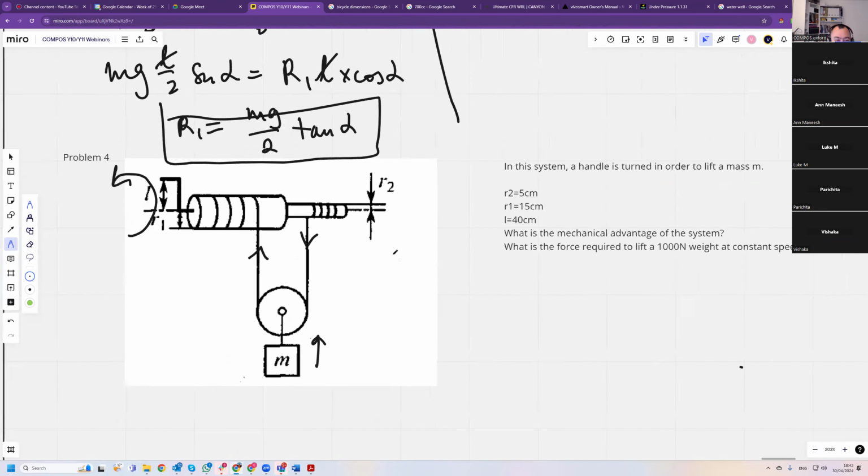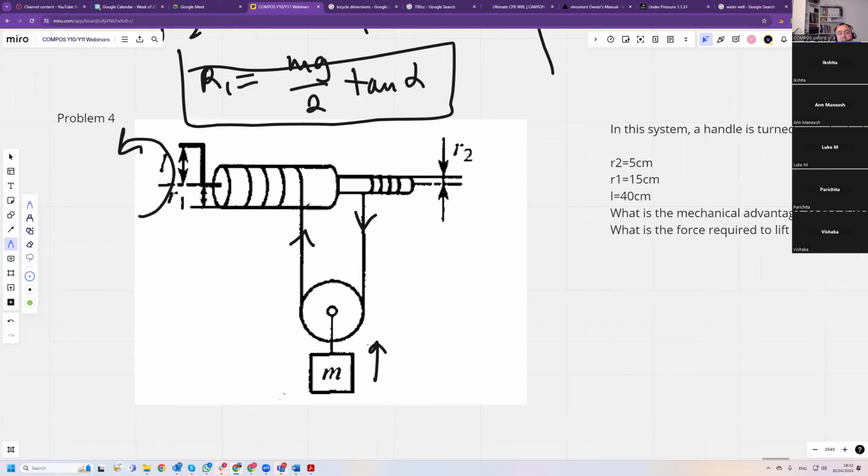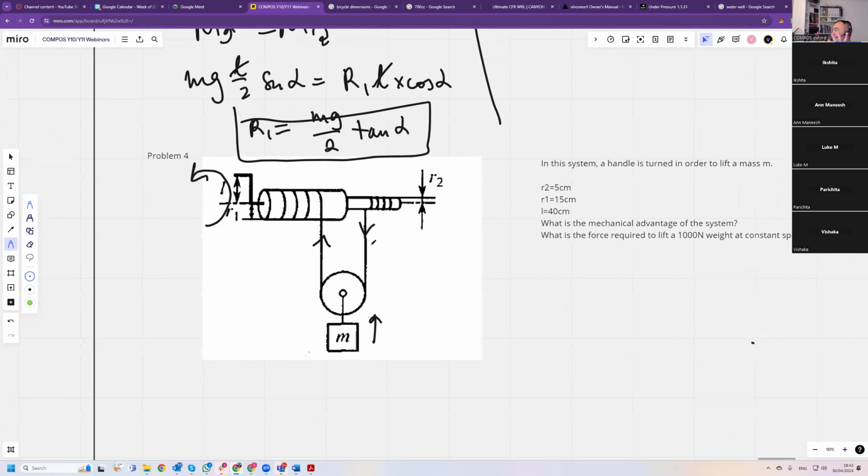This is a more sophisticated system because it has two bobs. But no matter how complicated a system is, to find the mechanical advantage of it, you just need to find two things: how far you move and how far the thing that you are moving moves. Okay?